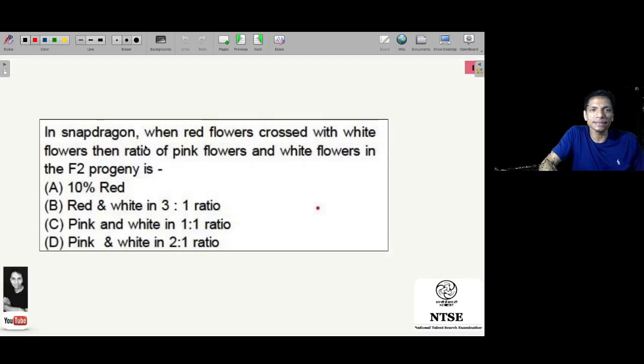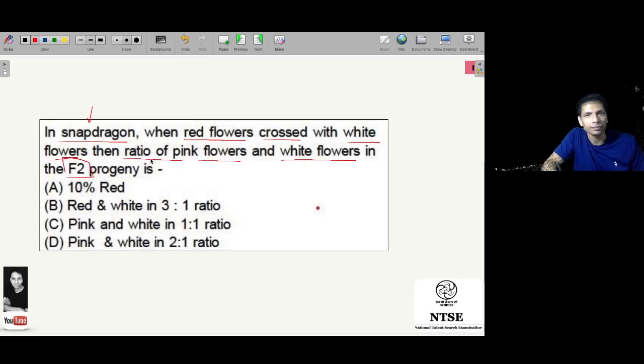In Snapdragon, which is a kind of plant, the red flowers are crossed with the white flowers. Then what is the ratio of pink flowers and white flowers in the F2 progeny?